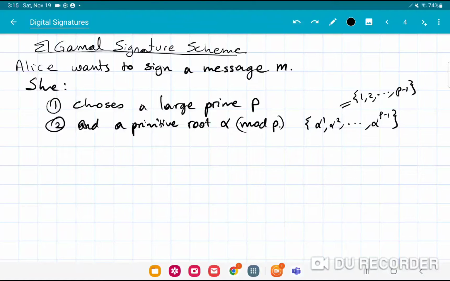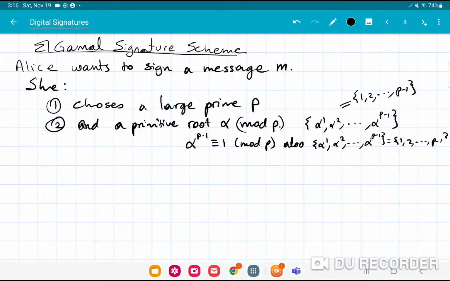So alpha to the power of P minus 1 is 1 mod P, and that's the first time we get 1 by raising alpha. Alpha to the power of 1, alpha to the power of 2, up to alpha to the power of P minus 1 is the set 1, 2, up to P minus 1.